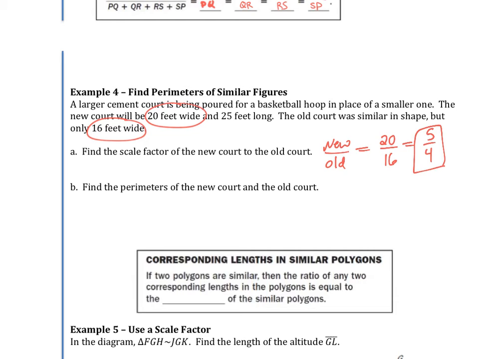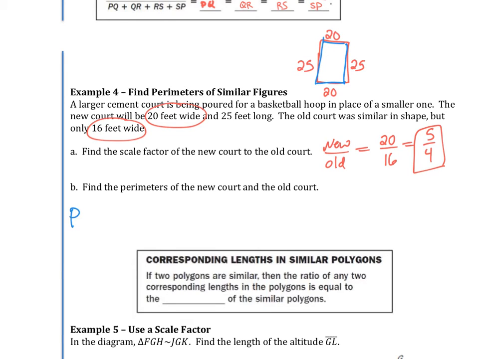Then it says to find the perimeters of the new court and the old court. So if you want to find the perimeter of the new court, it is 20 feet wide and 25 feet long. So to find the perimeter, you would simply add them all up. So 20 plus 25 plus 20 plus 25.